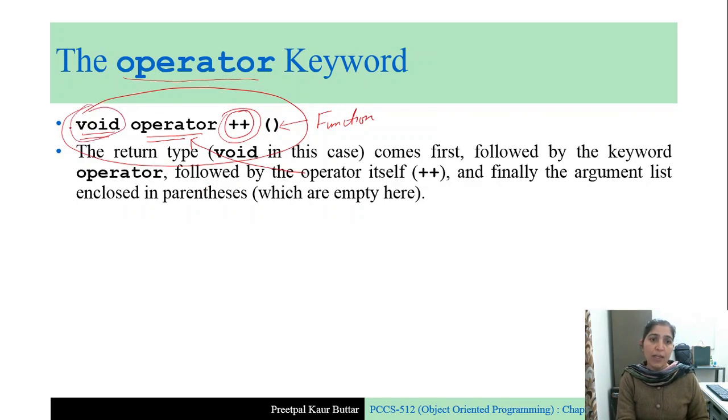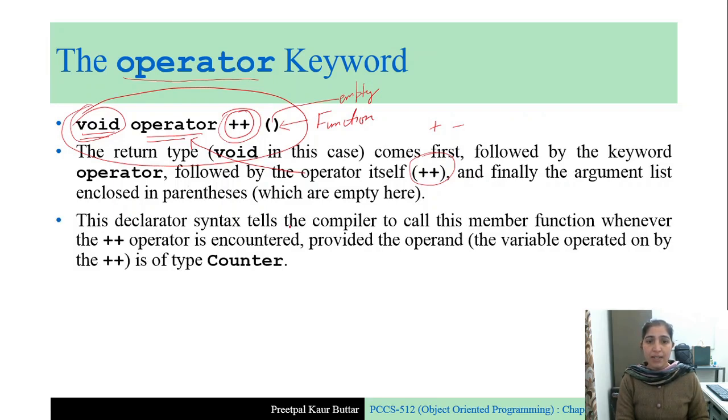It can be void, it can be anything else also. Followed by the keyword operator, followed by the operator which you want to overload. In this case, it is increment operator, but you can overload any other operator. And then finally, this parenthesis. Here, this parenthesis is empty, but it can also contain some parameters, right? So, this is the interface for the function which you want to use for overloading an operator, right?